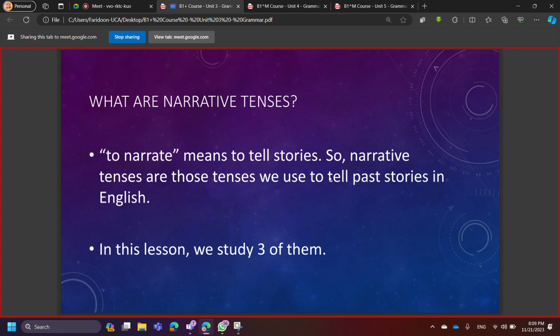So we can say that narrative tenses are the tenses we use to tell past stories in the English language. In this lesson, we study three of them. There are more than three actually, but in today's lesson, you only need three of them.